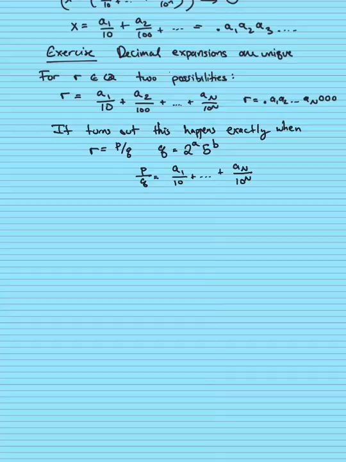Since the denominator is something like 10 to the n times some product, you'll get an integer divided by 10 to the n. You might have some division that occurs, but since the only prime factors here are 2 and 5, you have to have the same prime factors here. So you know exactly when you have a terminating decimal expansion.